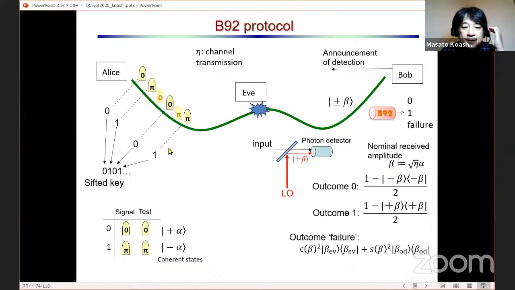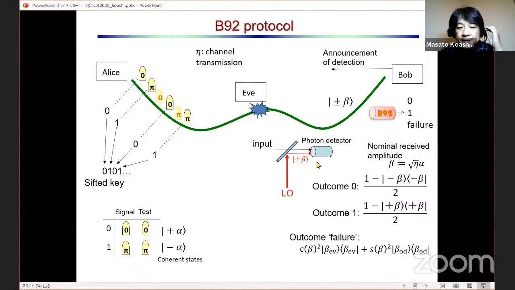Alice emits amplitude alpha, but the channel has transmission eta, which means the received amplitude would be beta, defined like this. So the ideal state received is plus beta or minus beta. This measurement tries to distinguish between these two states, and it is a kind of null measurement. So this outcome excludes the possibility of the input state being the minus beta state.